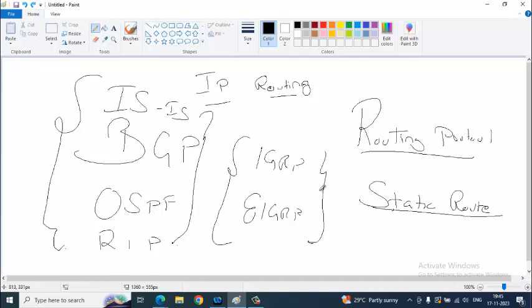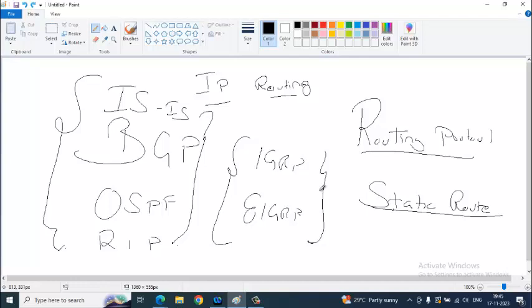Routing protocols, of course, will consume CPU because they send hello packets every now and then. If you take OSPF, OSPF will send a hello packet every 10 seconds, which means all routers will process this hello packet every 10 seconds, and then they need to maintain the database called the link state database, which is going to give a very clear picture of the topology information, and so on.